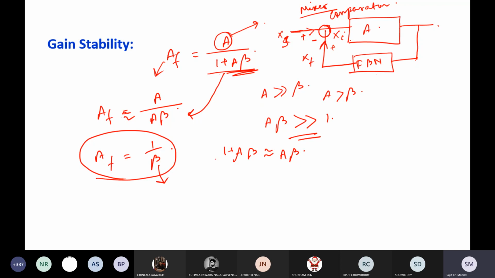That indicates that the gain of the amplifier is stable. That is one advantage. Though the gain is reduced a little bit, which can be further increased, the stability in the gain can be realized.